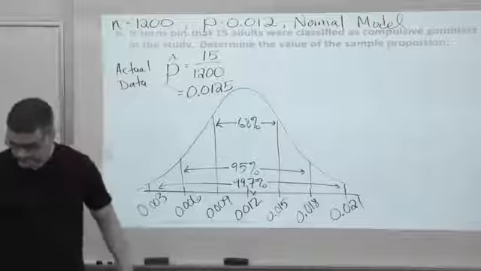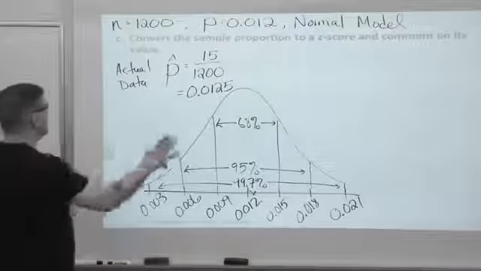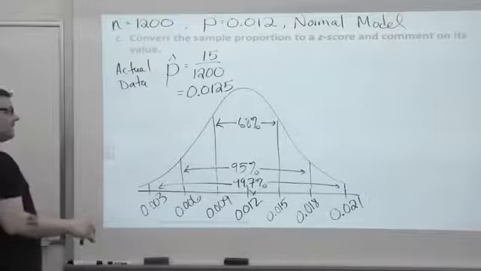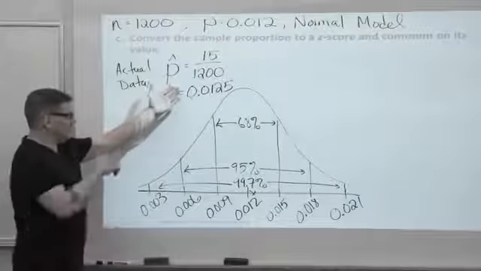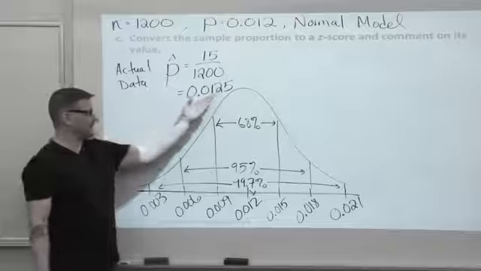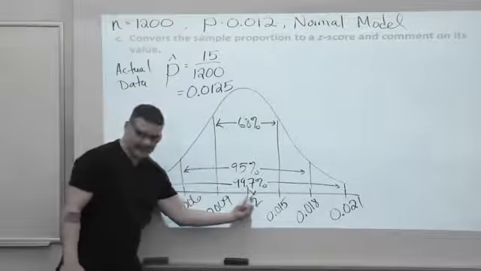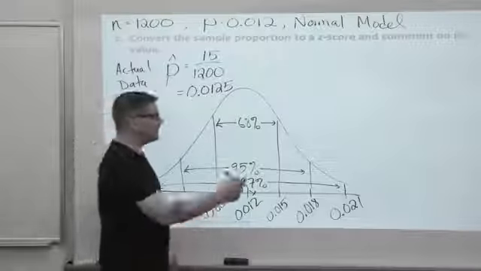Here it is. If you move to C then, convert the sample proportion to a z-score, comment on its value. So, how many standard deviations is p-hat above the mean? Not many. I don't know what it is, but here's the formula, right?